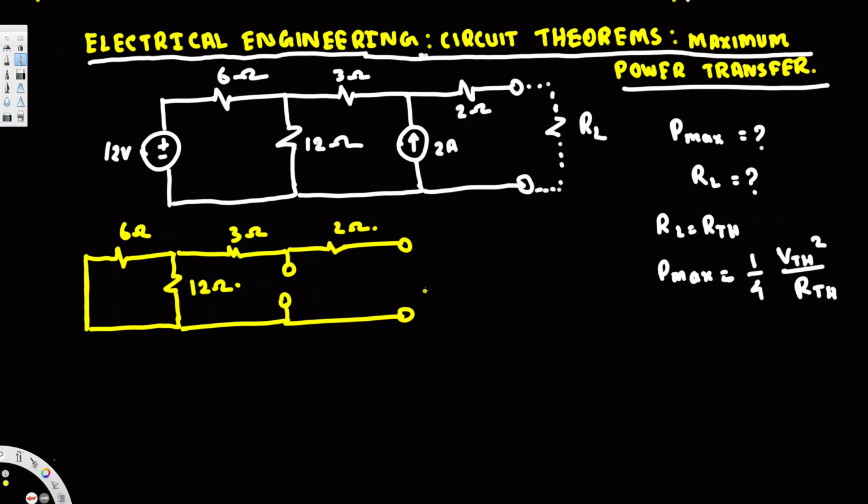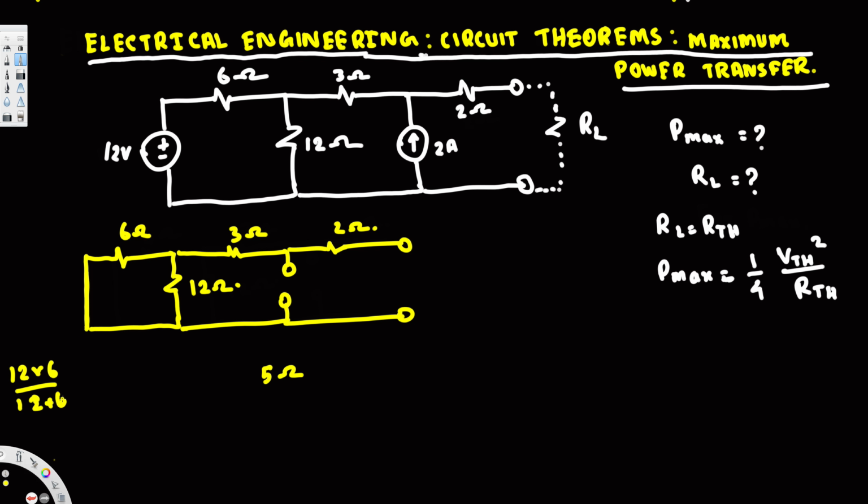Now all you have to do is find the equivalent resistance. Here we have 2 and 3 in series, so that's going to be 2 plus 3, 5 ohm. And here we have 6 ohm and 12 ohm in parallel, so the equivalent resistance is going to be 12 times 6 over 12 plus 6.